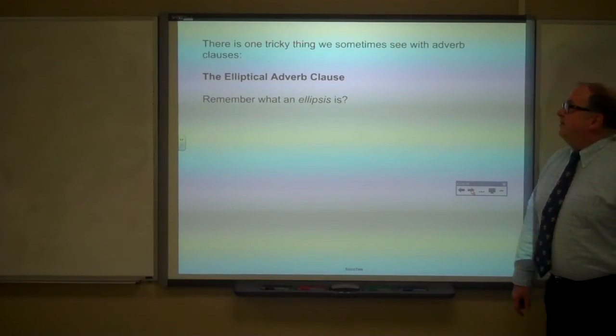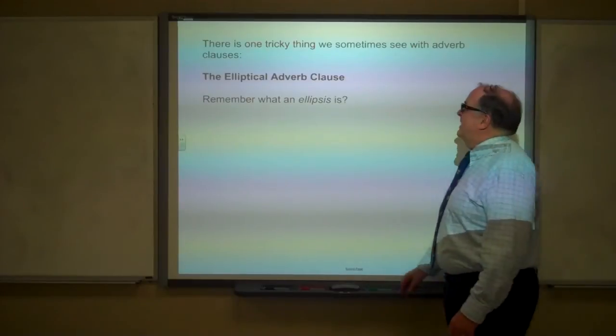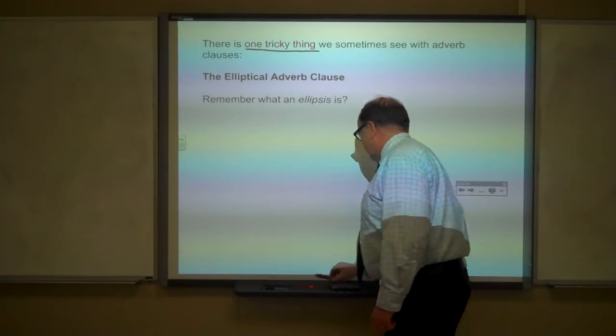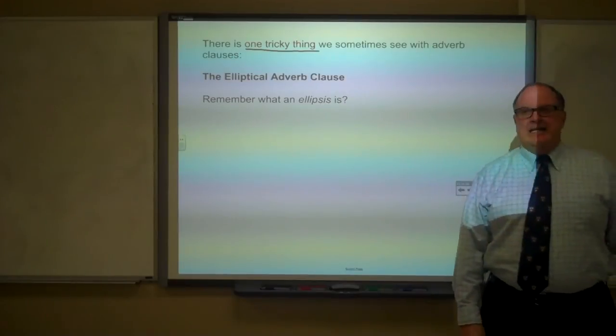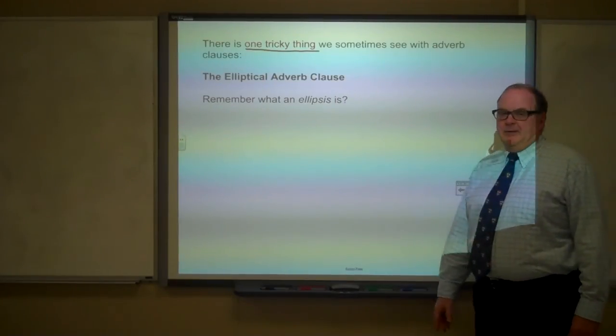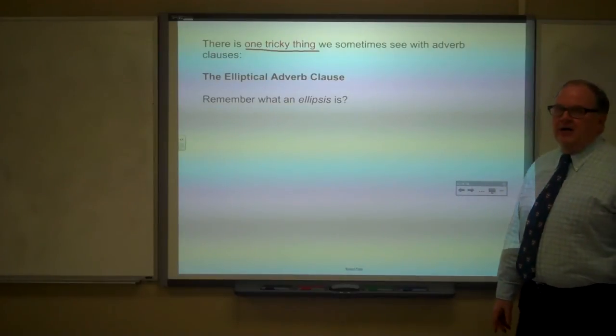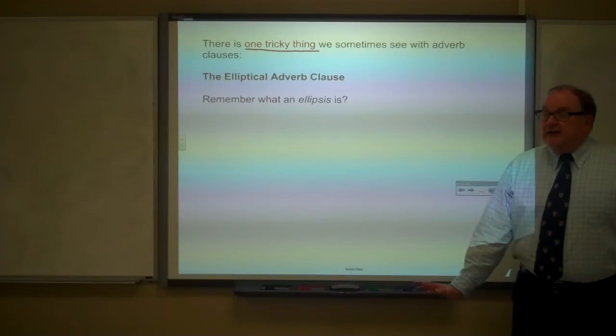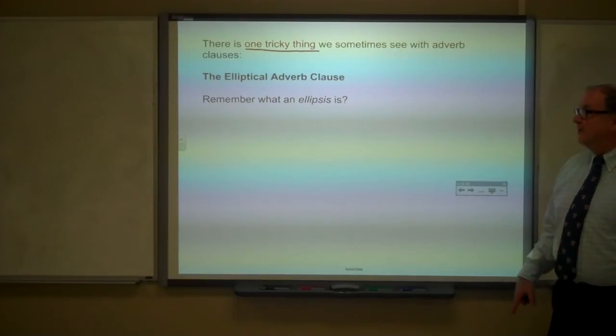There is, however, one tricky thing that we sometimes see with adverb clauses. In fact, I even put it in red to emphasize this, and that is the elliptical adverb clause. Now, in grammar, when we say something's elliptical, we're not talking about its shape. That's math and physics, like elliptical orbits.